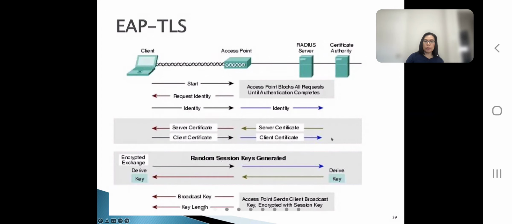After this, both of them have authenticated each other, so now they can trust each other. The next step is to generate keys, which the access point and the client need in order to communicate. So this is a very simplified process for accessing the key.